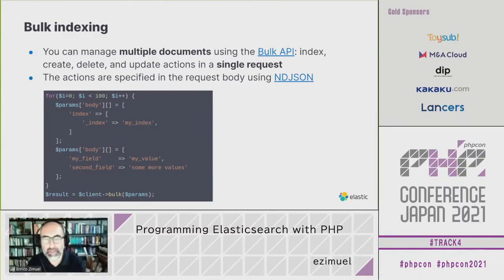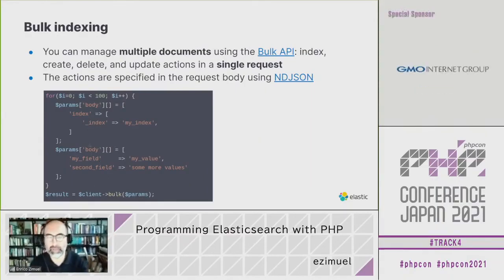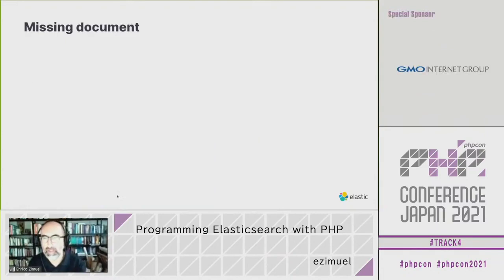In this case, we are storing 100 documents with the same information, with just a couple of fields and values. Very simple. When the loop finishes, we have in memory 100 documents in this $params body, and we can pass it to the bulk operator and store the information.